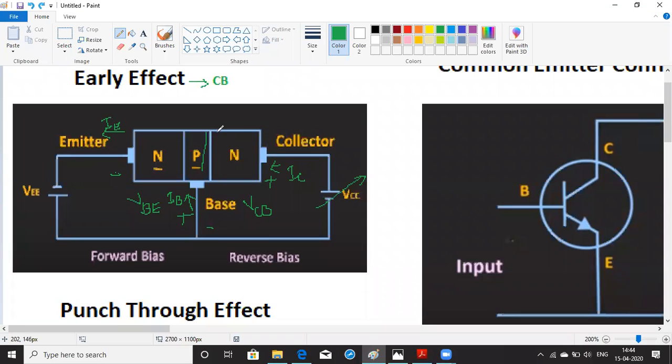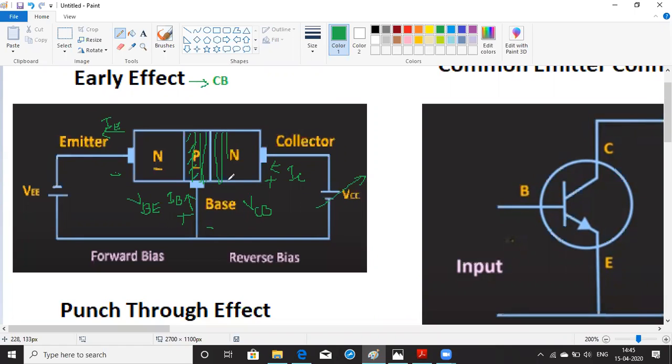Whenever you increase this voltage, gradually this depletion layer increases. Whenever the depletion layer increases, the base junction width gets much narrower. You can observe that important point: base junction width is decreasing when you are increasing the reverse voltage. The more I increase, the more it decreases.